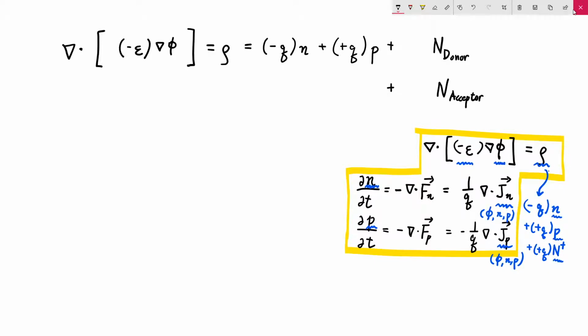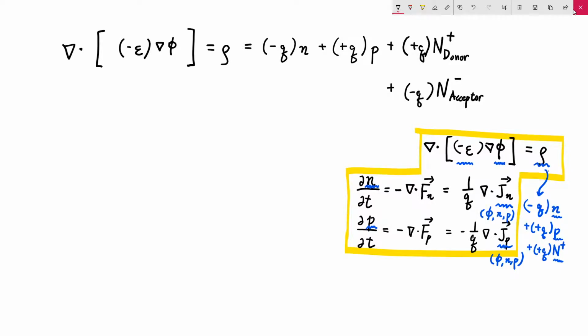We are now assuming full ionization of donors and acceptors. When we assume full ionization, donors contribute positive charge and acceptors contribute negative charge, so each donor contributes positive q and each acceptor contributes negative q.